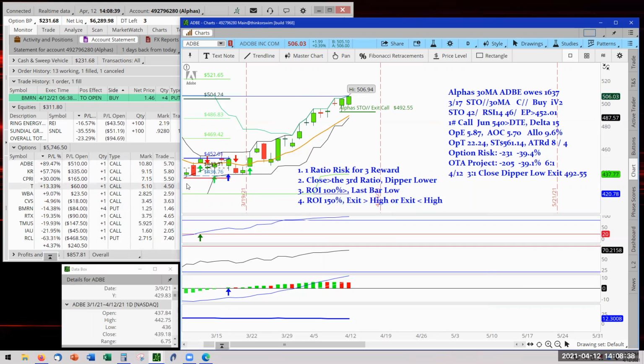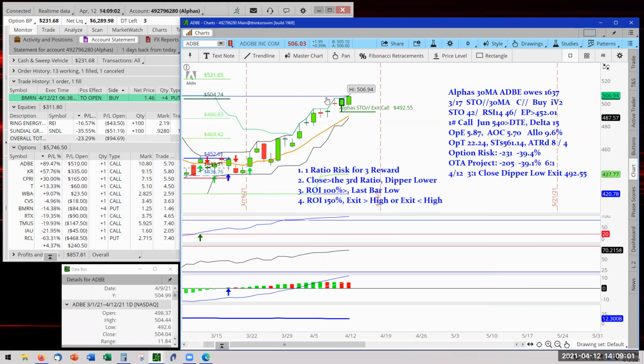Right now this is sitting at 510. Let's say, in imagination, that 100 ROI is 550, and if it opens higher than 550 and we do the high exit, we could take off more. We'll take a good chunk off that 1637 right there.